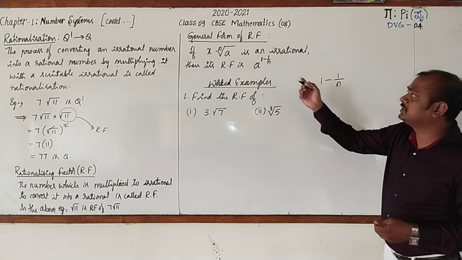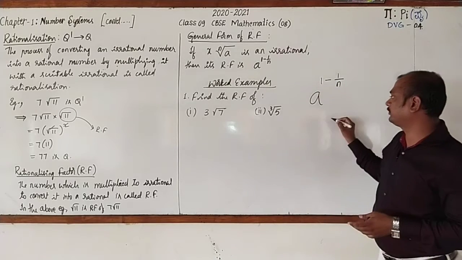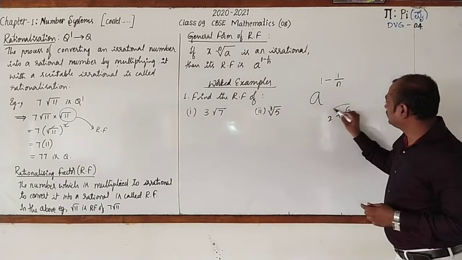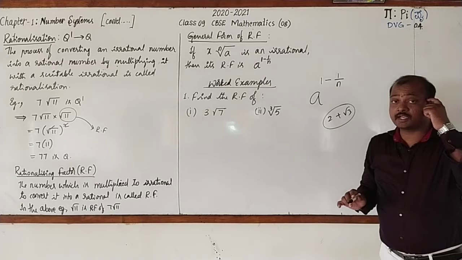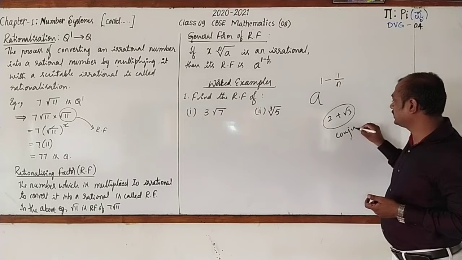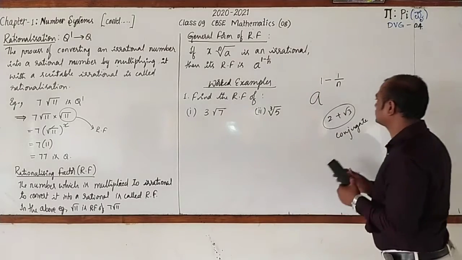And if it is a single term, we use the word rationalizing factor. If two terms are there, for example, 2 plus root 3, it is a binomial. And to find out its rationalizing factor, we use the word called conjugate. Clear? So later we come across this one.